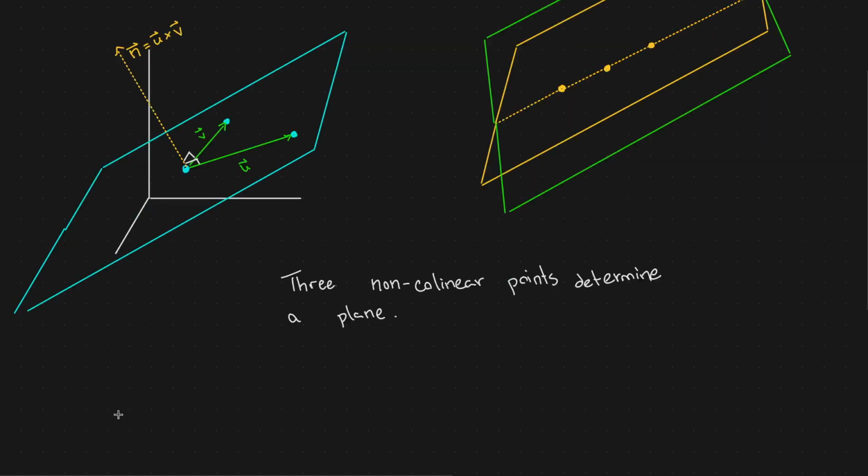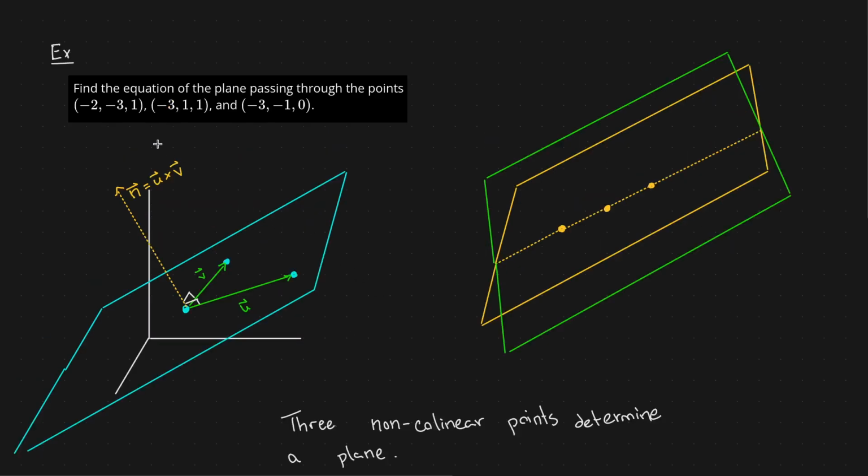Okay, so I'm going to label my 2 vectors u and v. To find a vector parallel to the plane, I'm going to subtract 2 of these points. I've got lots of pairs of points to choose from. It doesn't matter which pair I take. So let's say we take the first 2. I want to end up here and start here, so end minus start.